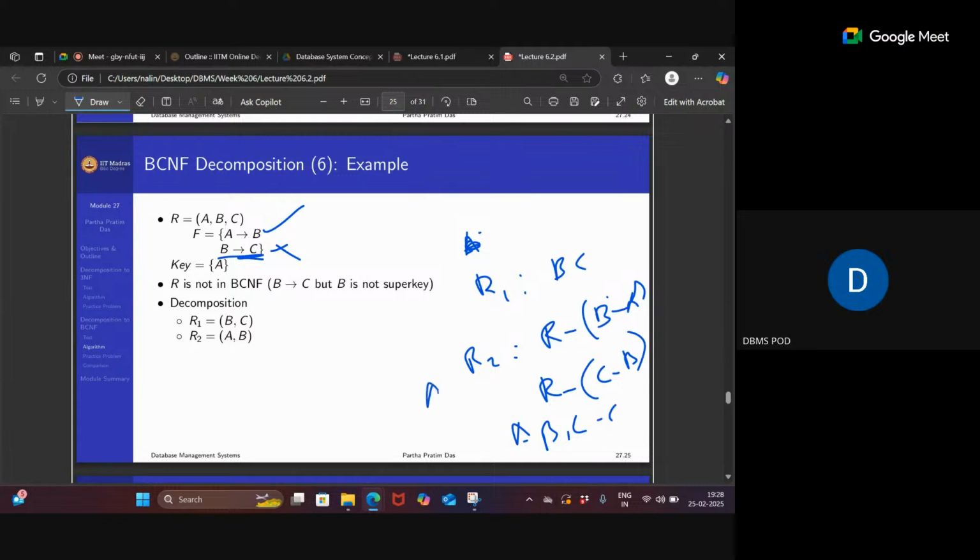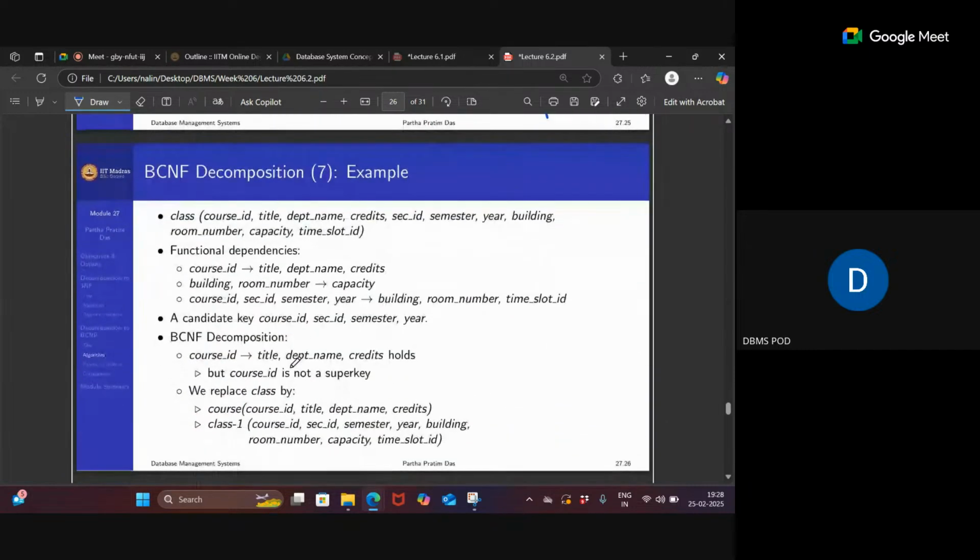We get AB. So the decomposed relations will be BC and AB. Let us see now. BC is in BCNF because B is a super key, and AB is also fine: A determines B is valid. So our decomposition is in BCNF.